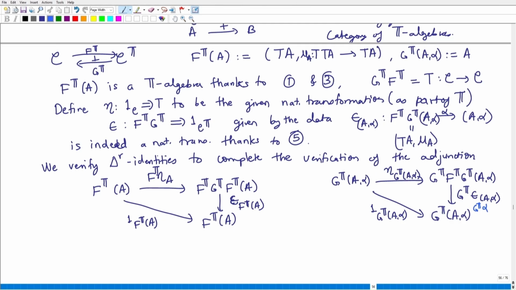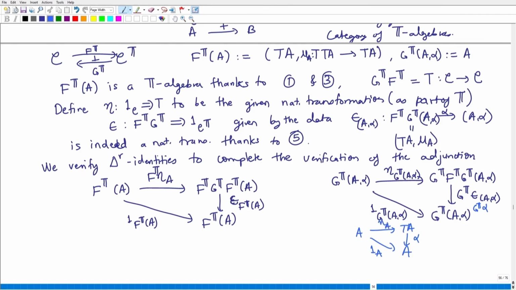This is a mapping from A to A, this is 1 sub A. Then G_T of A alpha is A, F_T of that is TA comma mu A, and we forget mu A. So we will get TA. And this is just G_T of alpha, just alpha, and eta sub G_T A alpha, so eta sub A.